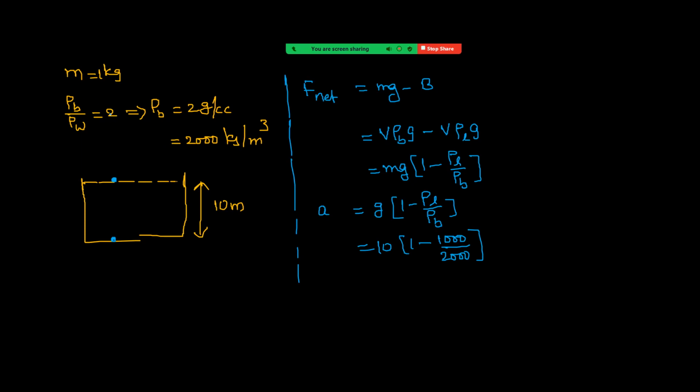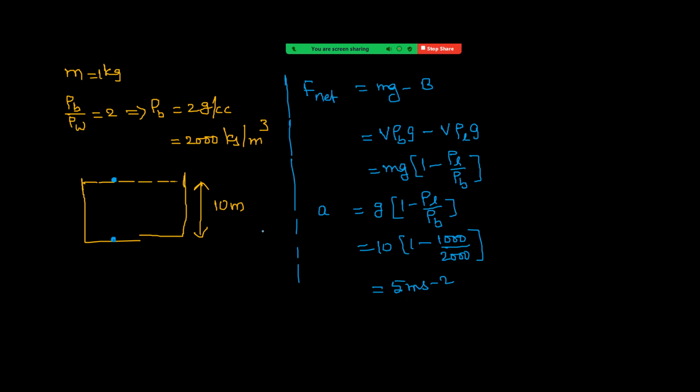Then reverse of this is 1 by 2. Okay. So 1 minus 1 by 2, it is 1 by 2. So 10 into 1 by 2, it is 5. So 5 meter per second square. So the body is moving down inside the liquid with an acceleration of 5 meter per second square. It is a constant. Okay.